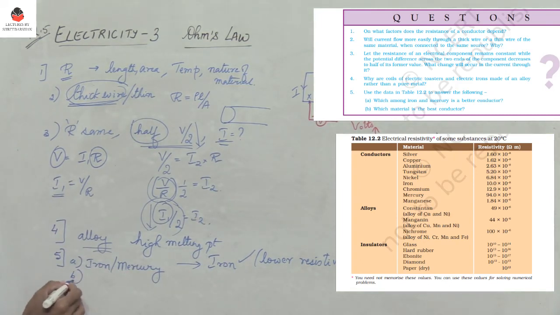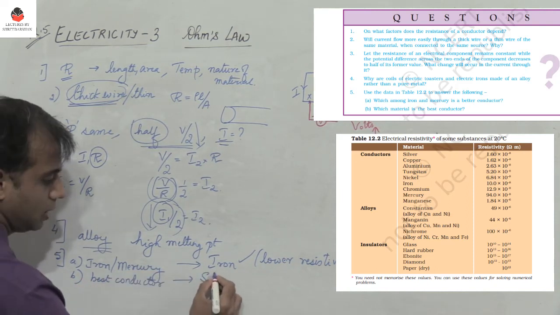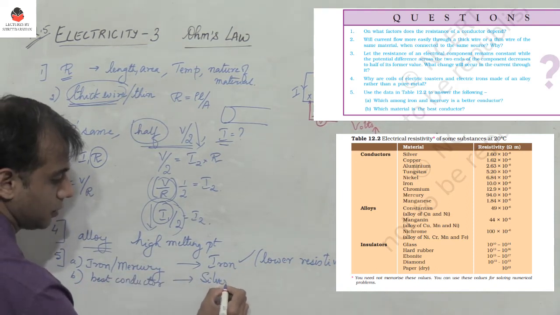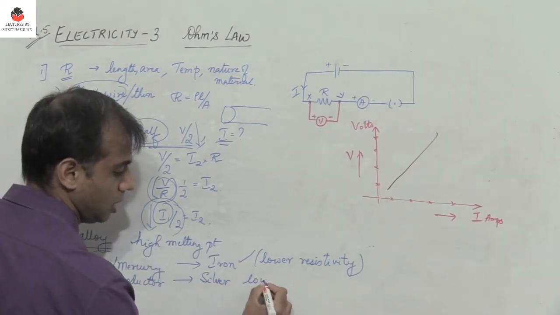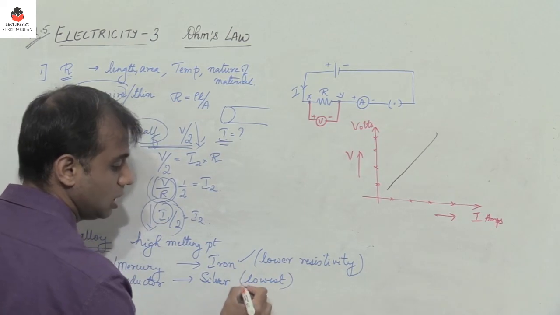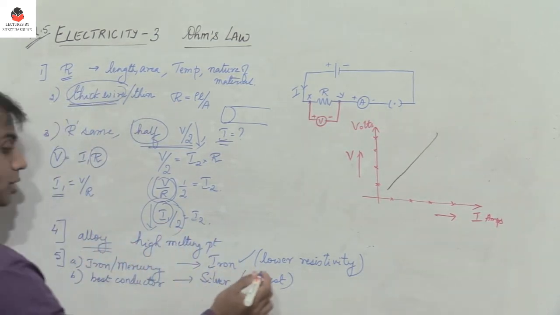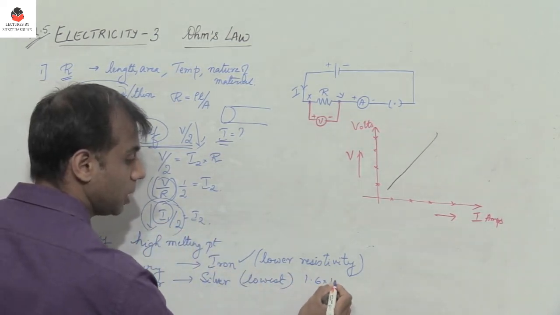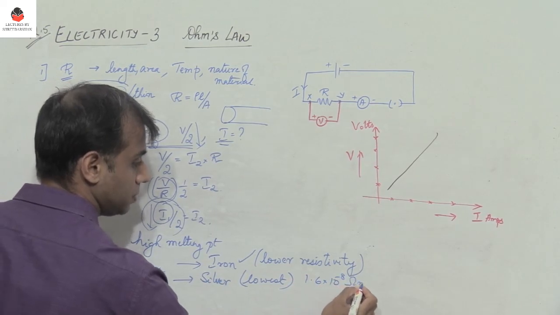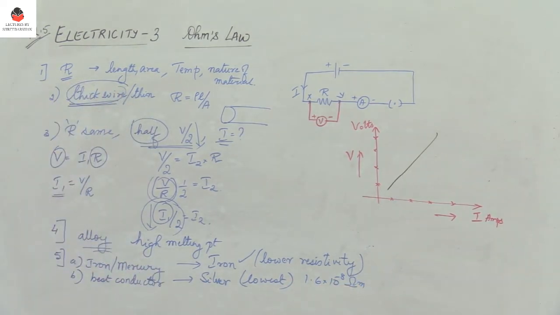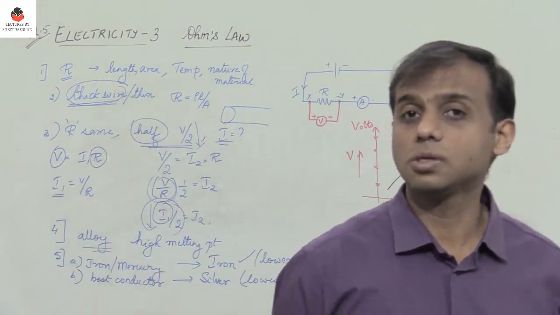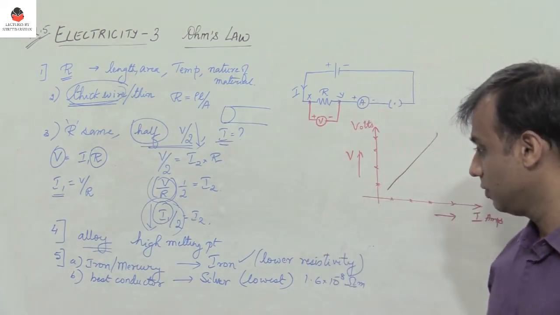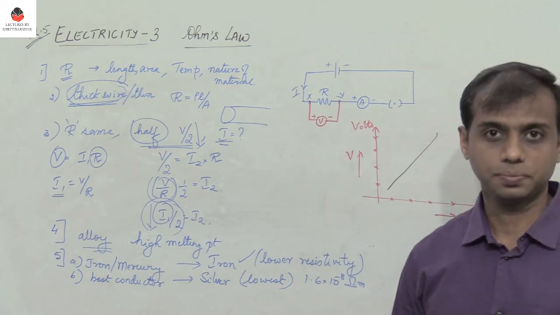And B: which is the best conductor? We find that silver is the best conductor from the table. Why is that so? Because it has the lowest resistivity, which is 1.6 into 10 power minus 8 ohm meter. As the resistivity reduces, the conductivity goes on increasing. So silver is the best conductor.